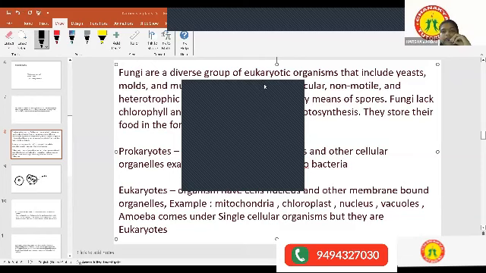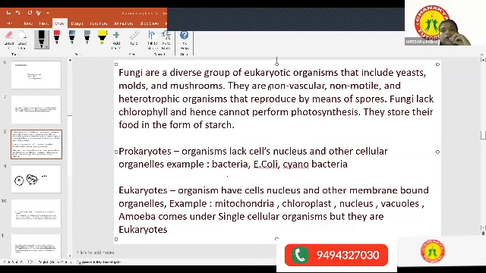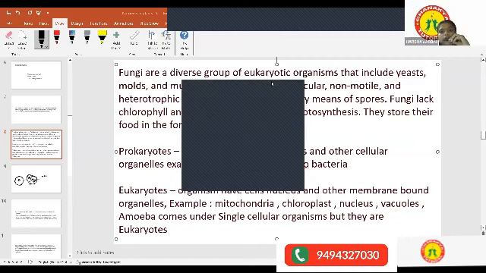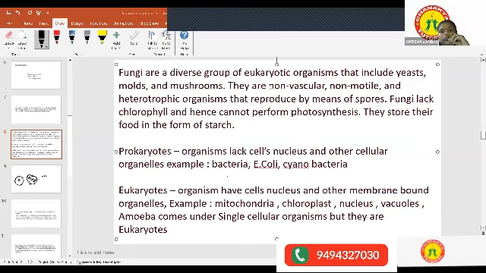Do you know what vascular tissues in plants are? What are those?